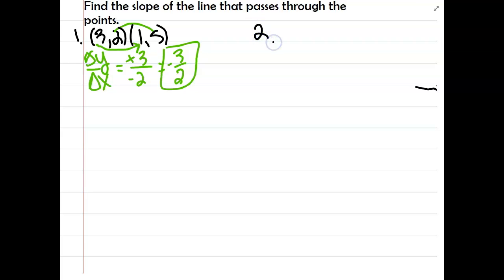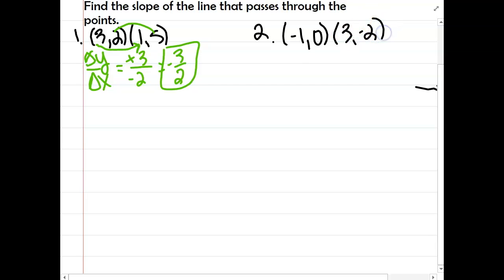This would slope down a little bit steeper than some of the other ones that we talked about. Number 2, let's say we have -1, 0 and 3, negative 2. Same idea, right? If you were to plot these 2 points, what would the line look like? Would it go up or go down, and how steep would it be? So to do that, you do change in y over change in x.